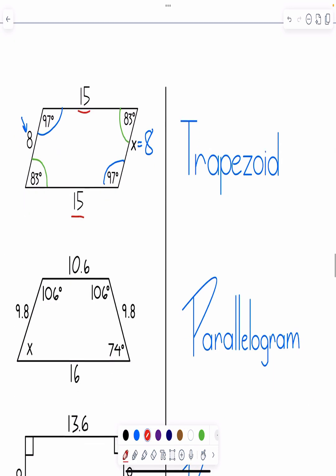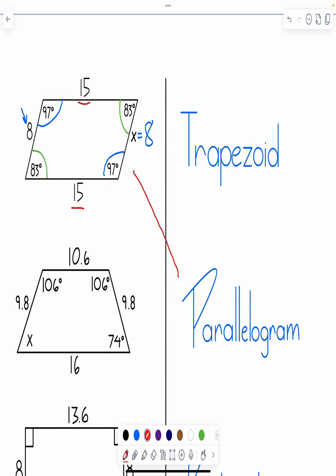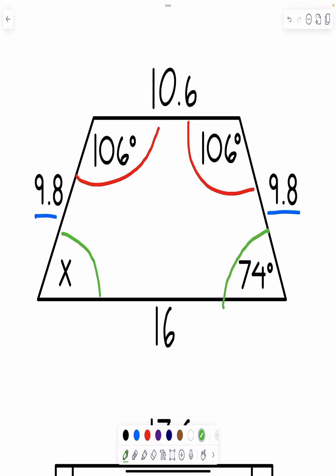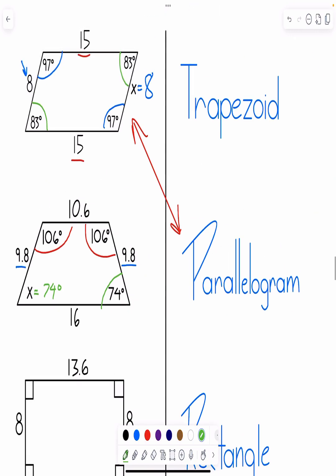And so this would match to my parallelogram. Next, I have a figure where my opposite sides are equal, and it looks like the same sided angles must be equal as well. So if that's the case, this x must be equal to 74 degrees. This matches to a trapezoid.